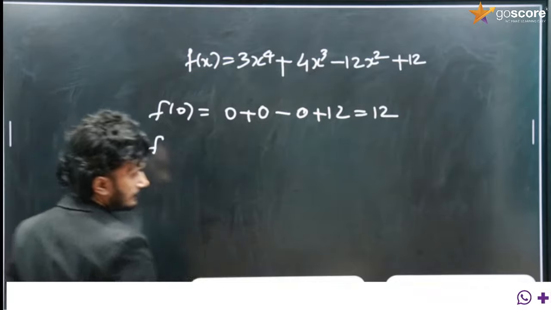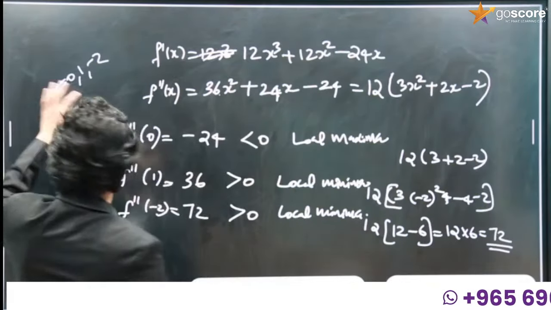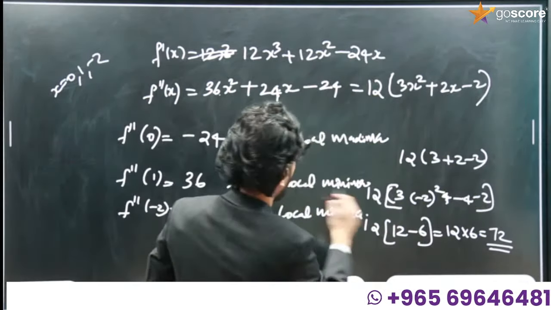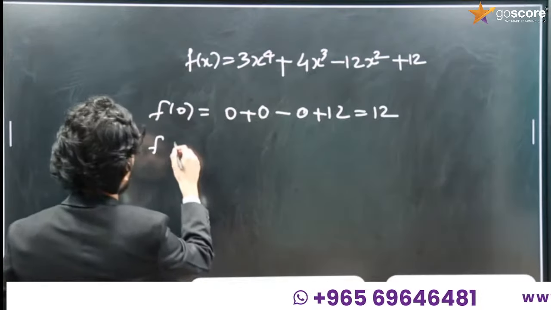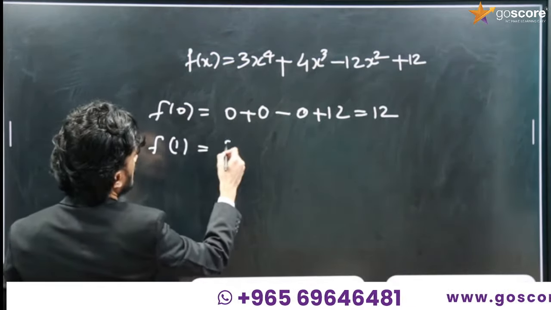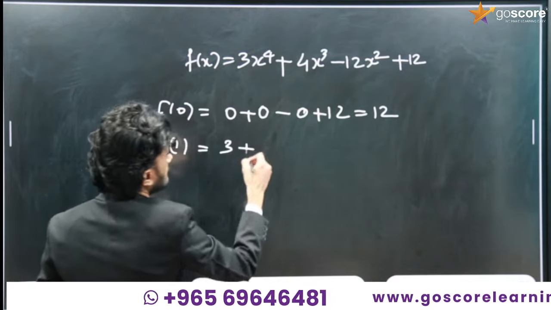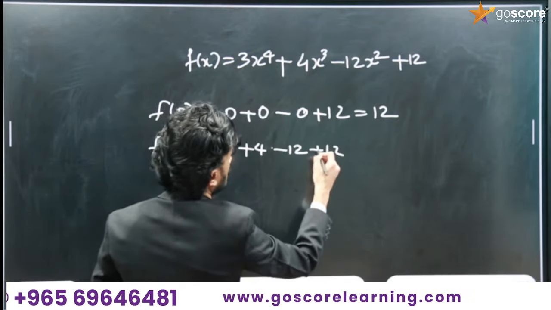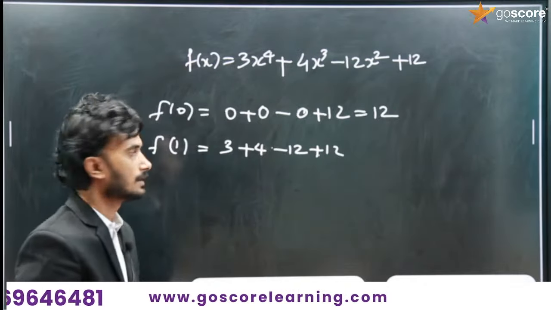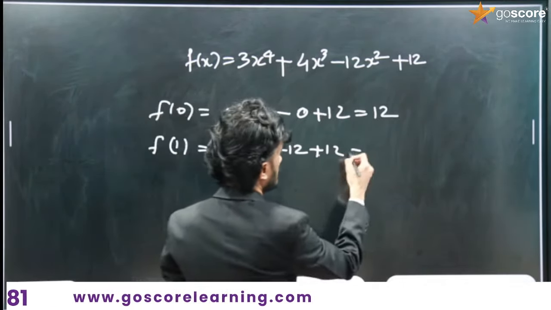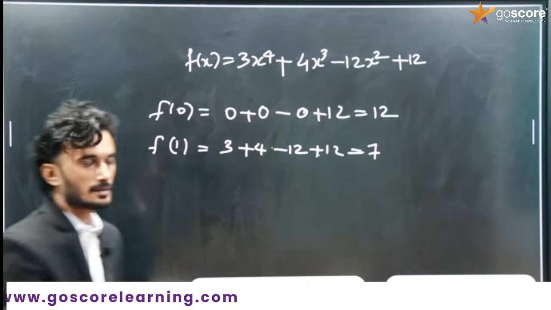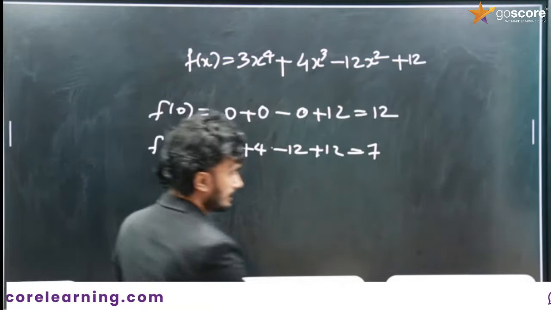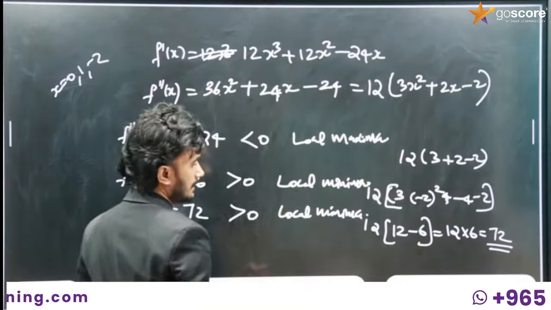Then second we will find f of 1. F of 1 is local minima. So 3 into 1 plus 4 into 1 minus 12 plus 12. Minus 12 plus 12 is 0, 4 plus 3, 7. So 7 is the local minimum value.